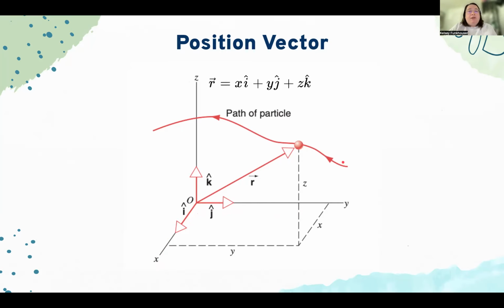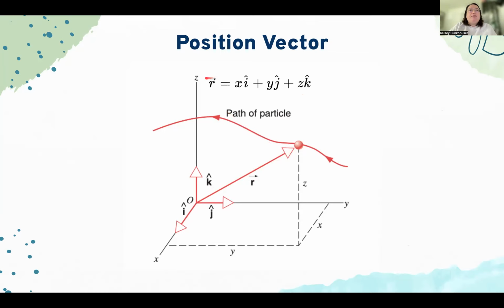And then also on our 3D coordinate axis, we have the path of a particle here, and the particle itself, which is the dot. And we can see that there's a vector pointing from the origin to the position of the dot or the particle, and it's labeled r.